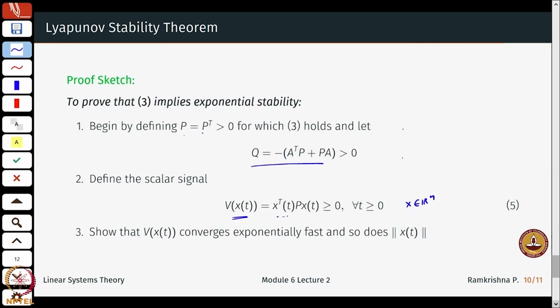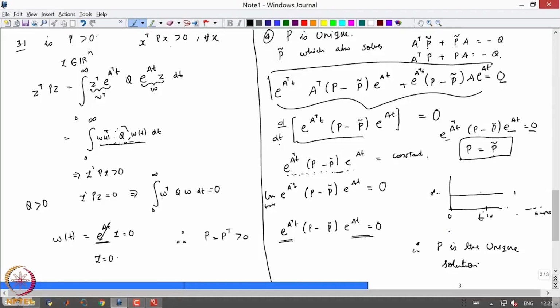If I show that V of x(t) converges exponentially fast, the norm of x(t) will converge exponentially fast, and this will also mean that the solution of our original system converges exponentially fast, resulting in exponential stability. We will write that down one by one and then check for ourselves.